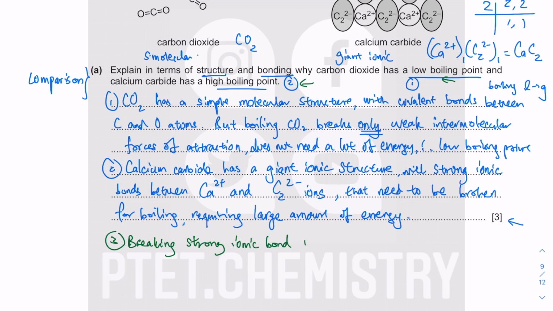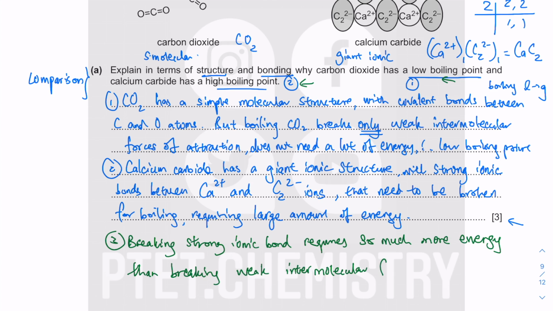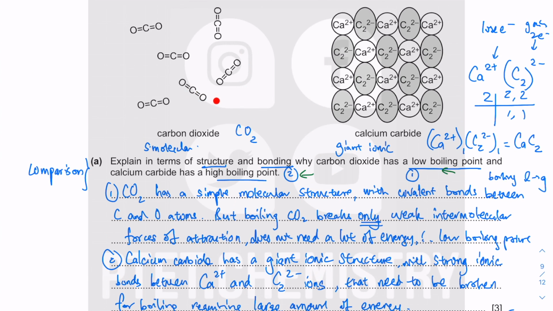Breaking strong ionic bond requires so much more energy than breaking weak intermolecular forces of attraction between simple molecules. So these are individual discrete molecules, and you could count covalent bonds because covalent bonds are directional. These are ionic bonds, and ionic bond is a force field, and you cannot count ionic bonds. All right, it's a force field.